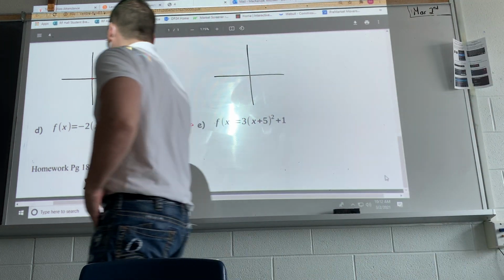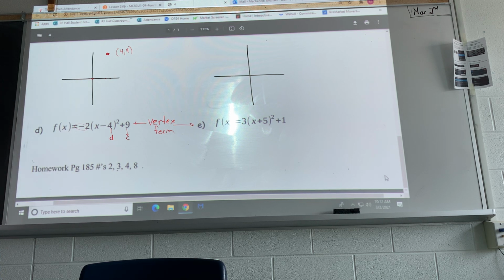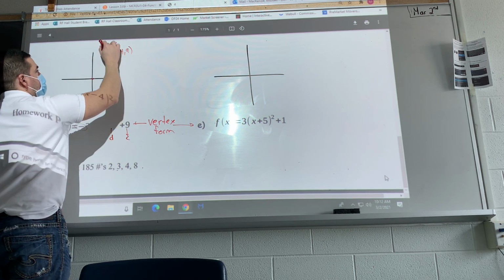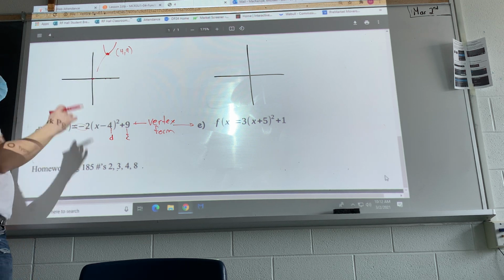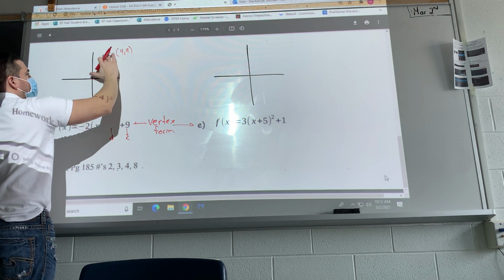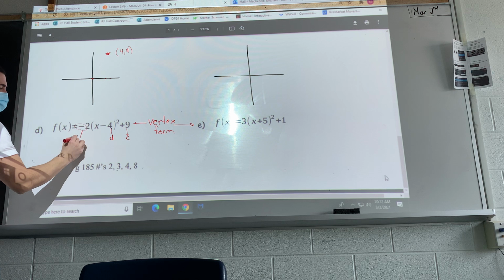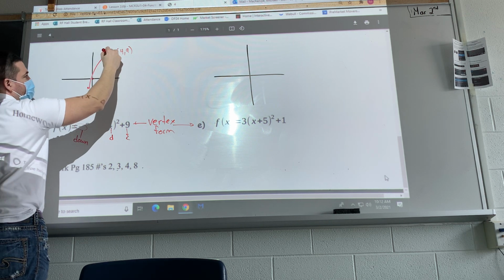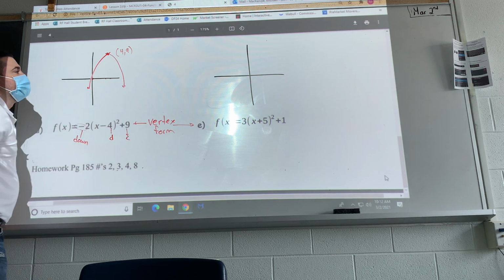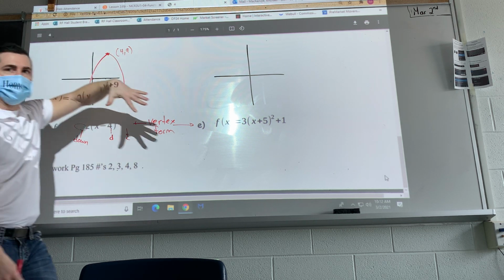So now we look at the A value and tell us which way it's going to face. Because if it faces upwards, there'll be no solutions. If it faces downwards, then we'll have 2 solutions. So which way does it face? Downwards. Okay, so we use this, and this is going down. So it goes here, and you don't have to find any numbers. So no calculations, just find where the vertex is and see if it opens up or down.